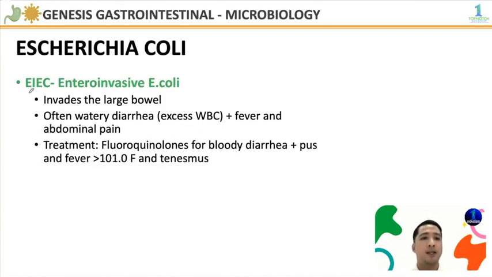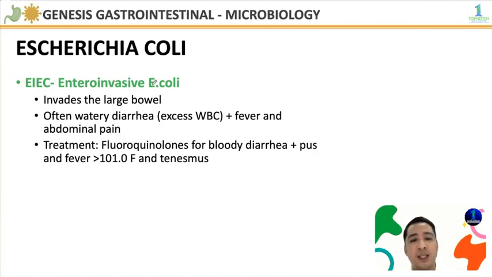Your enteroinvasive E. coli invades the large bowel just like Shigella and also forms the actin tail jets just like Shigella. And only 10% of this enteroinvasive E. coli will progress to dysentery.